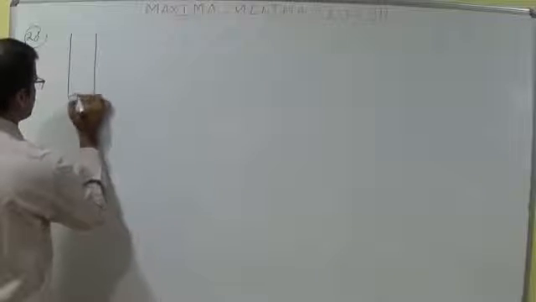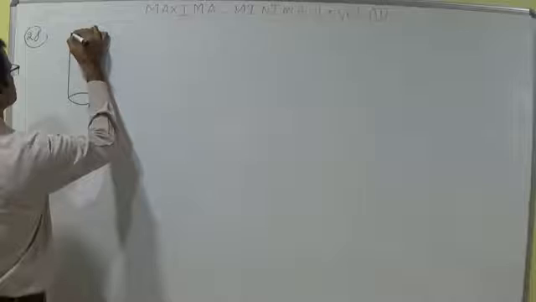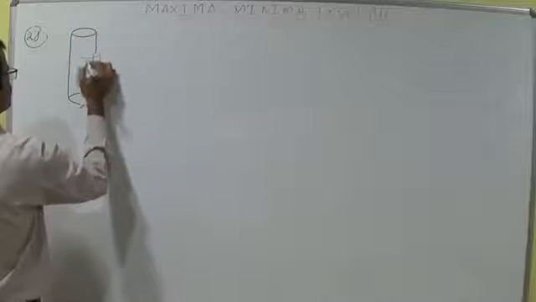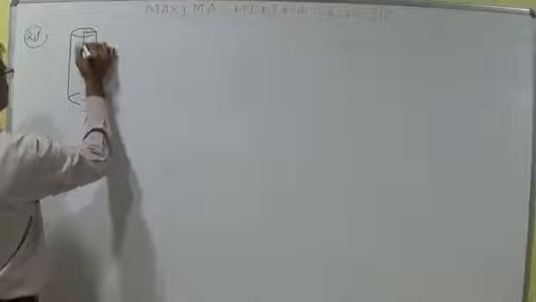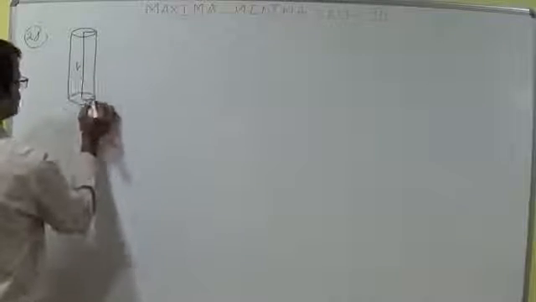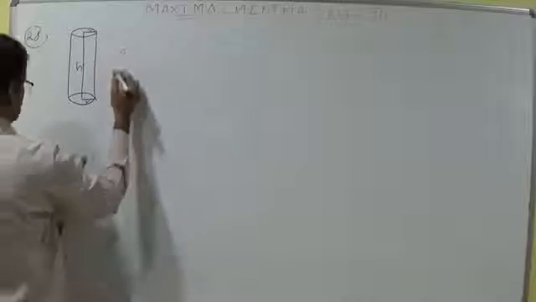Surface area I am writing here. S is equal to the original curved surface area 2 pi r h, and this is pi r square and this is pi r square, you can write 2 pi r square.